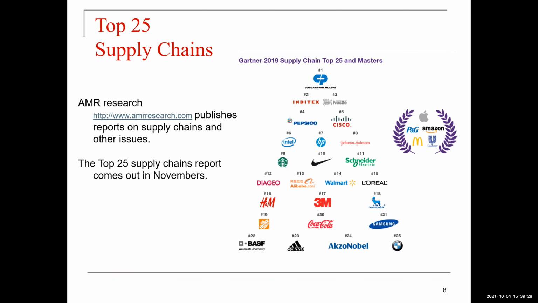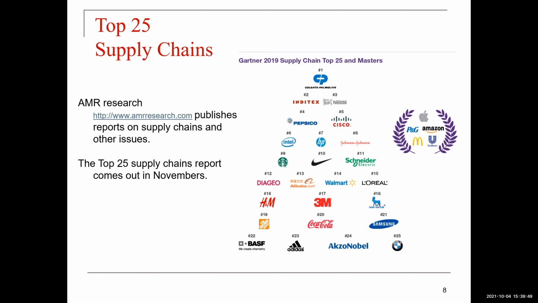In terms of top 25 supply chain, this was in 2019. You can see at the top, these are the top 5: Apple, Procter & Gamble, Amazon, McDonald's, Unilever. And then here are the rest of them.